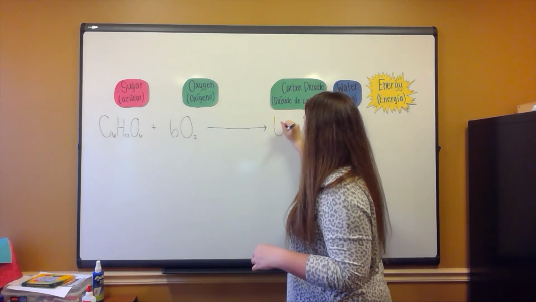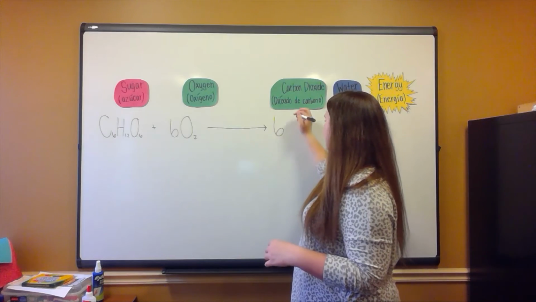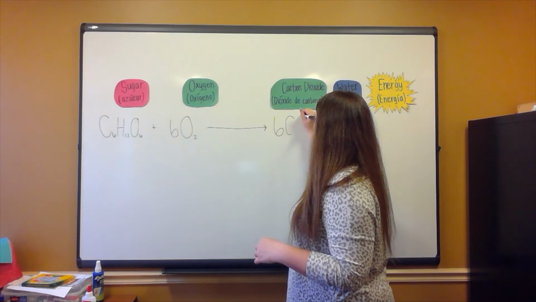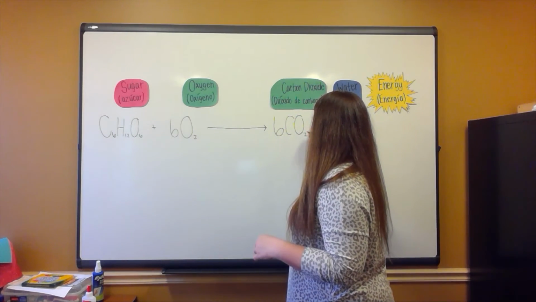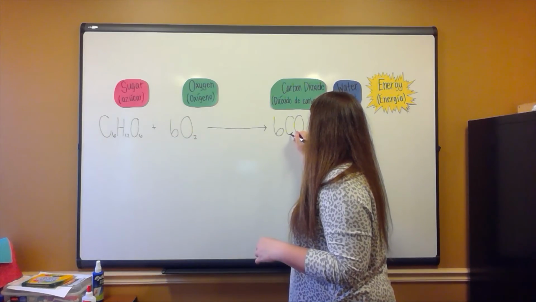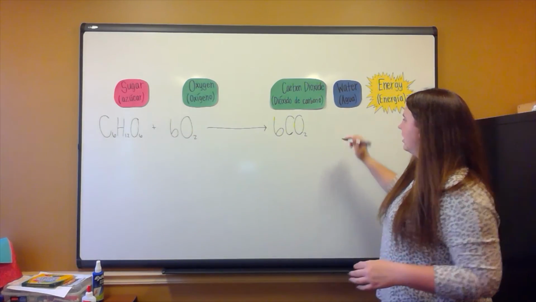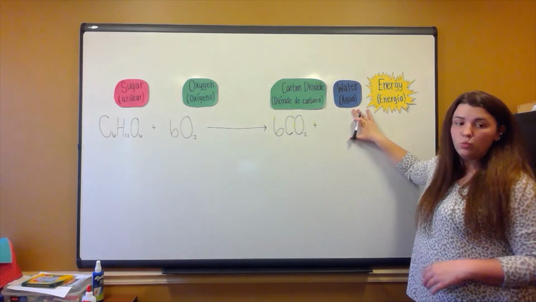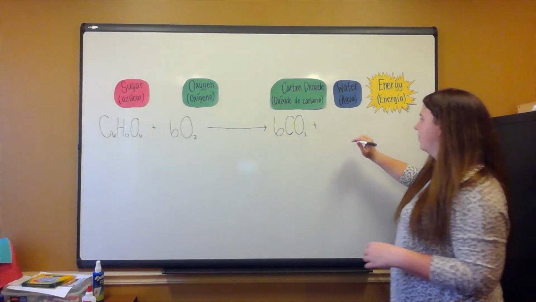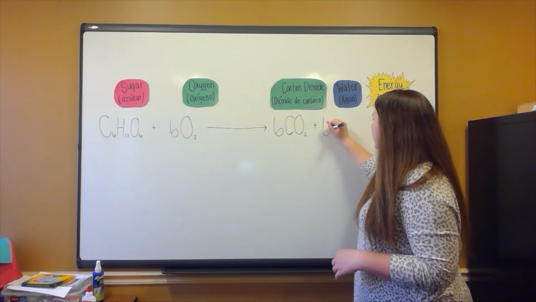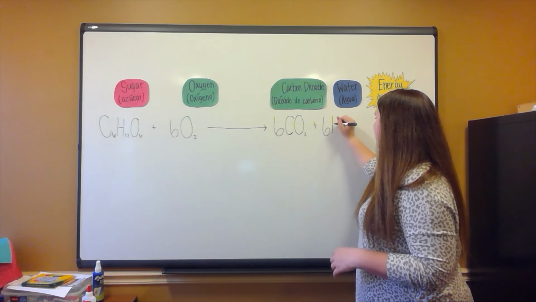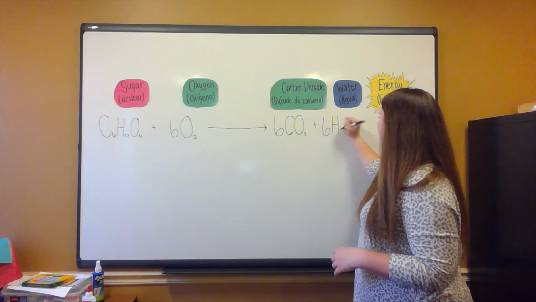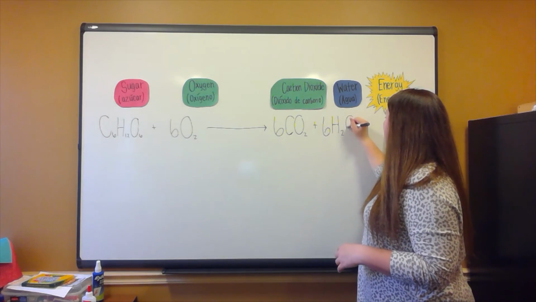And we're also going to make 6 of those. So it will be 6CO2. Perfect. And then the other thing that we make is water, or agua. And we're also going to make 6 waters. So it'll be 6H2O.